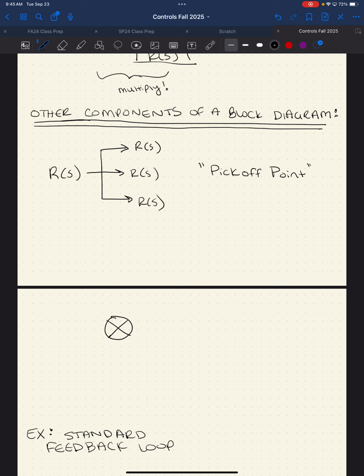A summation junction, right? So some of the signals might be positive, in which case we sum the signals. But we could also have negative inputs as well. We still call it a summation junction.